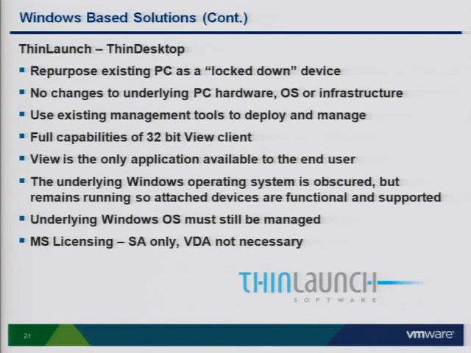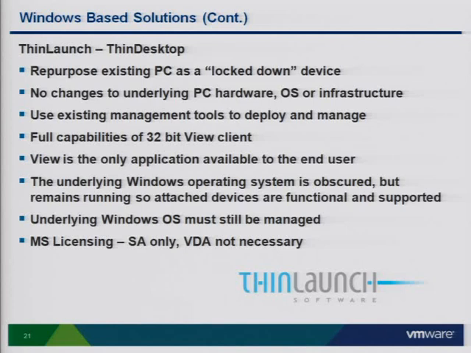The other solution is a commercial product called Thin Desktop from a company called Thinlaunch, again allowing you to repurpose the machine as a lockdown device. We're not doing an OS change. We're still using Windows, so you use the same tools to deploy and manage that you'd use for Windows, with full capability of this 32-bit or the forthcoming 64-bit client that we'll have with 4.5.